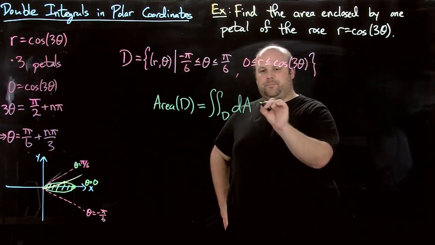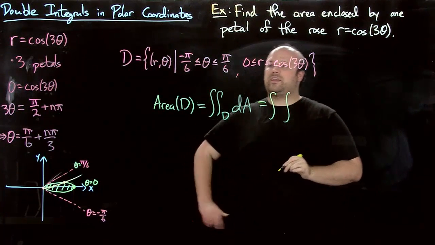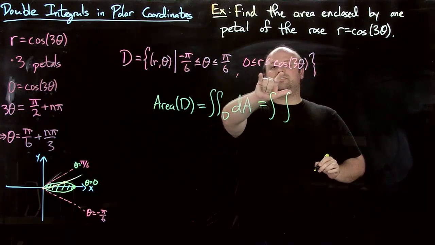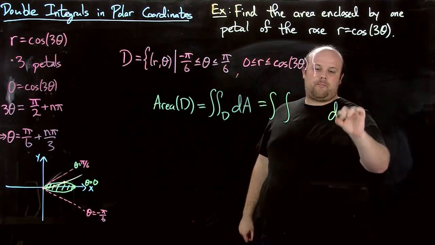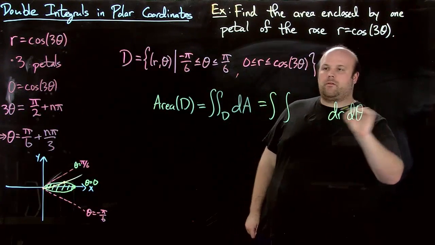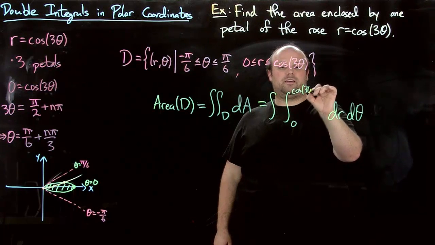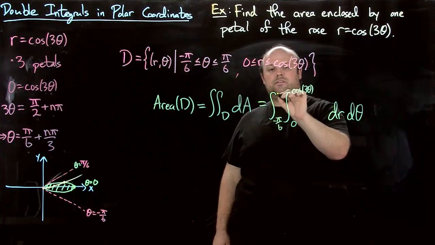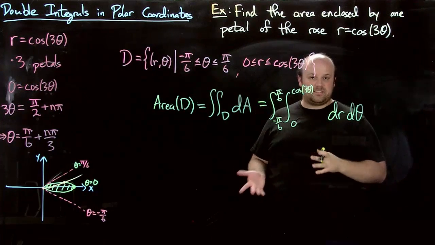Well, we can describe D. Since this one has the function, we're going to want to do r first. So we go from 0 to cosine 3 theta, and then from minus pi over 6 to pi over 6. Hopefully those bounds make sense.